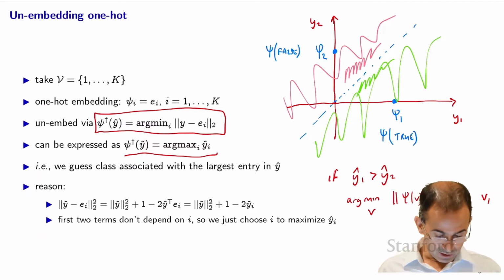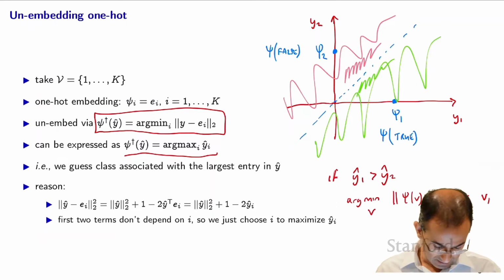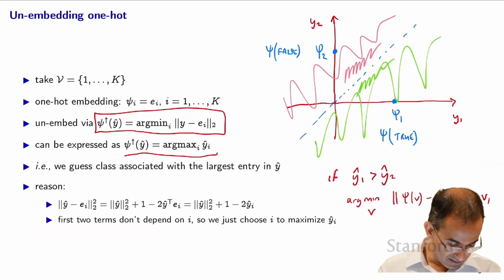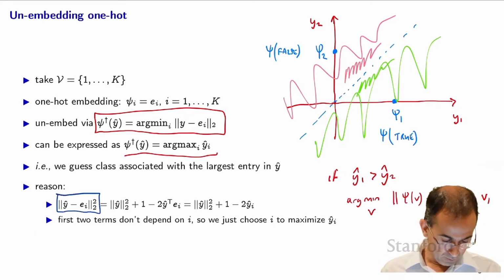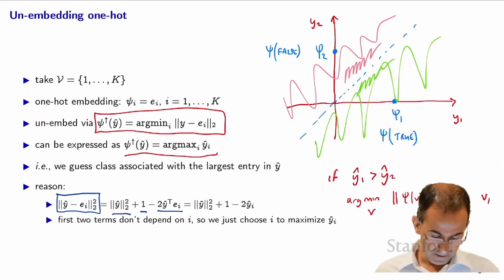And the reason for that, we can just work out algebraically what it is. If I look at y hat minus e_i, well, the 2-norm squared of that quantity is the 2-norm squared of y hat plus 1 minus 2 y hat transpose e_i.